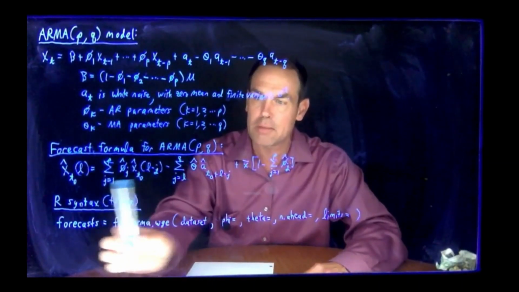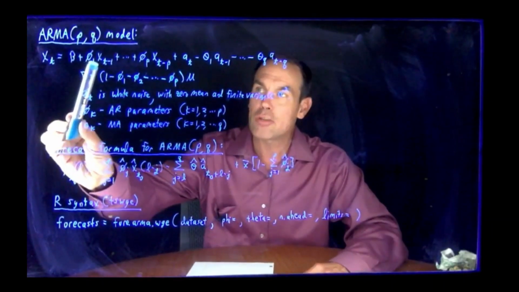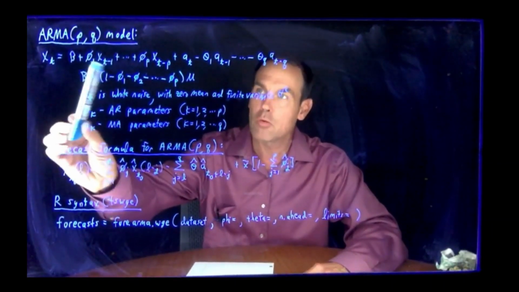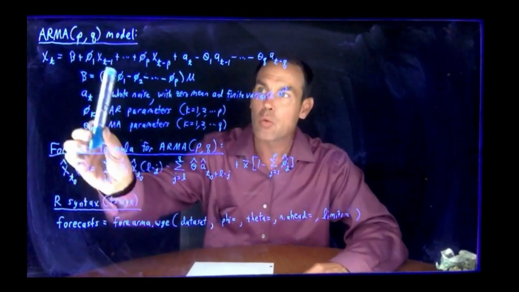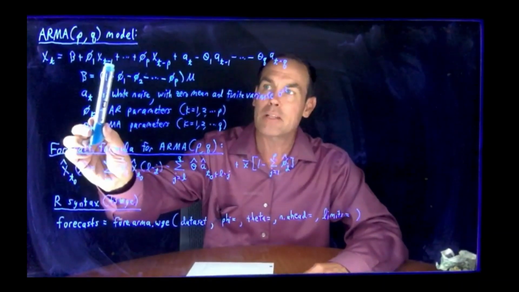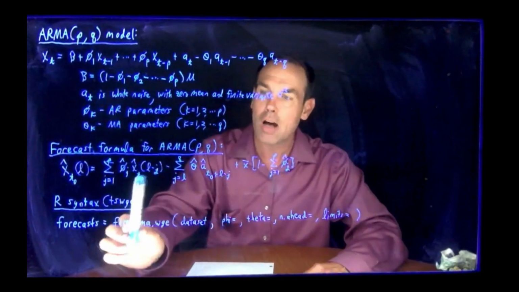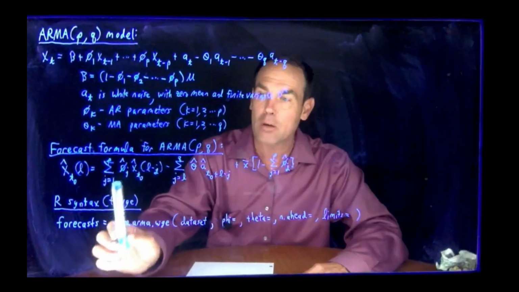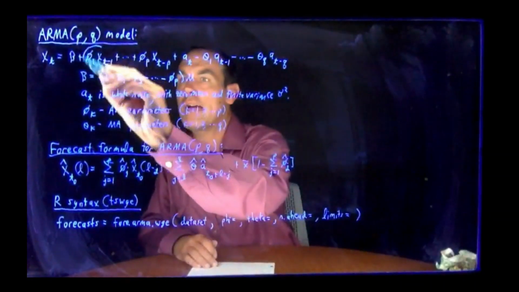This is going to be the AR piece at first. And that will be what? Well, we'll take each of these phis, whether it's phi 1, phi 2, all the way out to phi p, and we'll put hats on them. There's the phi hat j. And then what about the x terms? That's the x t minus 1, x t minus 2, out to x t minus p: x hat of t naught of L minus j, where j goes from 1 to p. And that takes care of this piece right here.